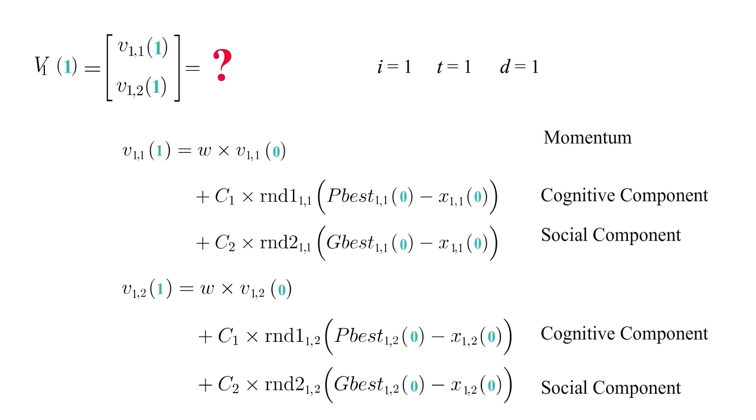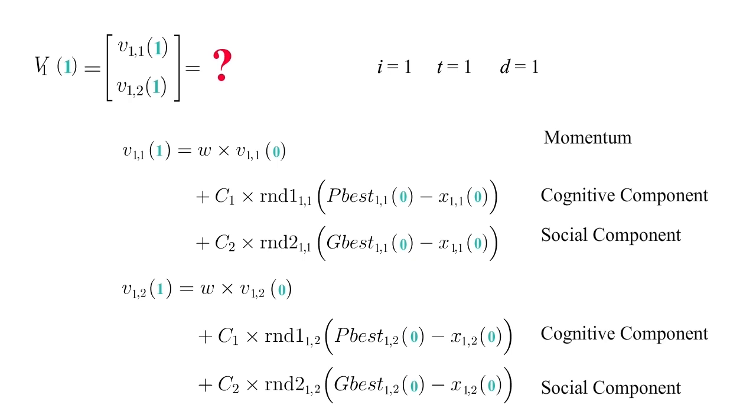C2 is the social coefficient, which determines how much the particle is attracted to the global best position. Multiplying the distance vector by C2 scales the influence of the global best position. RND2 is a random vector generated for each particle. This randomness adds variability to the movement. It ensures that the movement is not purely deterministic and helps in exploring the search space more effectively. Both RND1 and RND2 are uniformly distributed random vectors between 0 and 1.